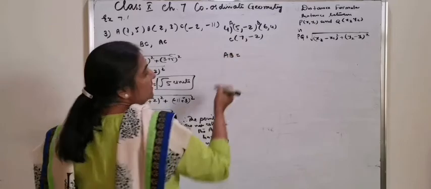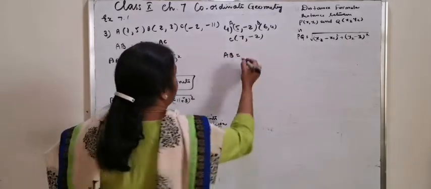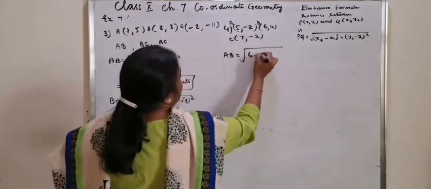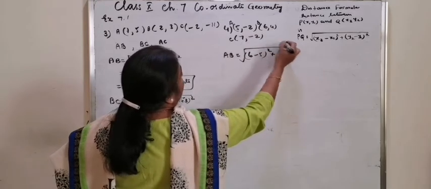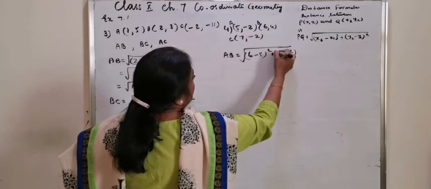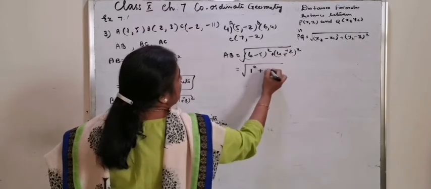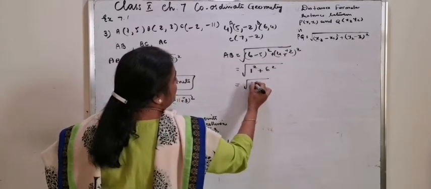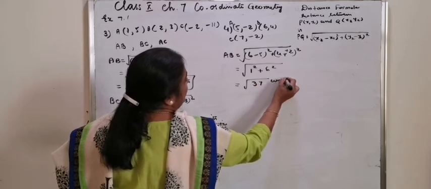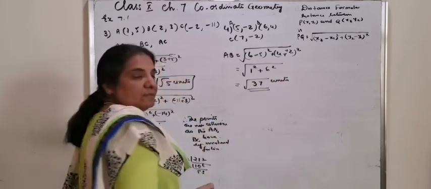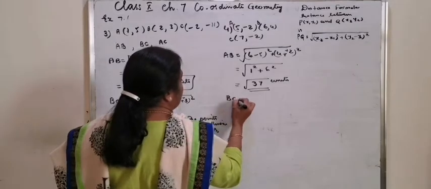You can find out the length of the side AB. Square root of (6 minus 5) the whole square plus (4 minus minus 2) the whole square, square root of 1 square plus 6 square, root 37 units. What is BC length?